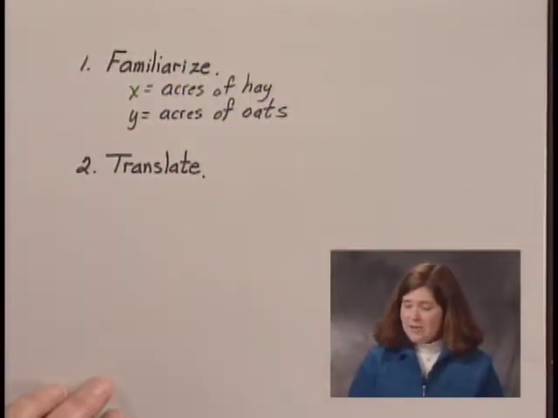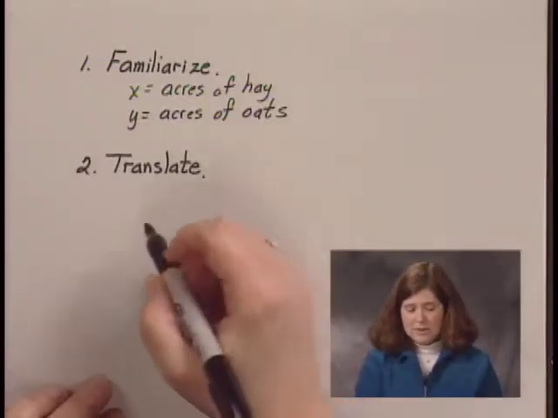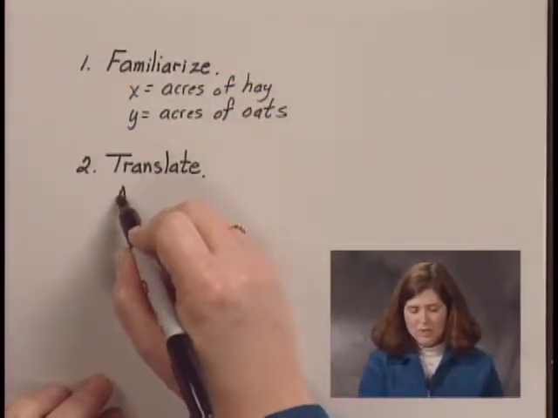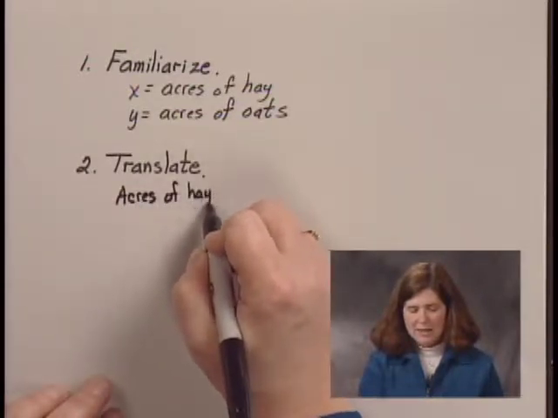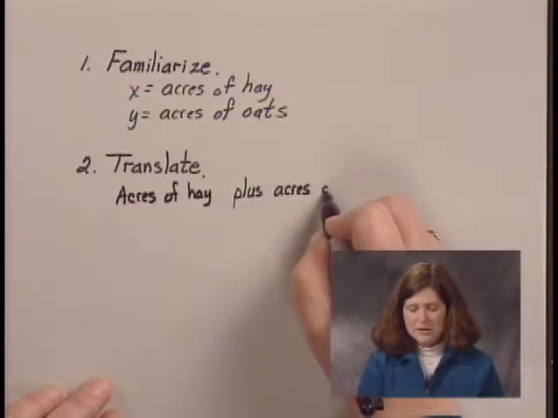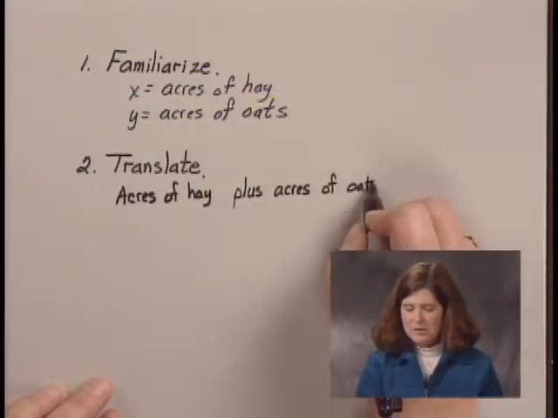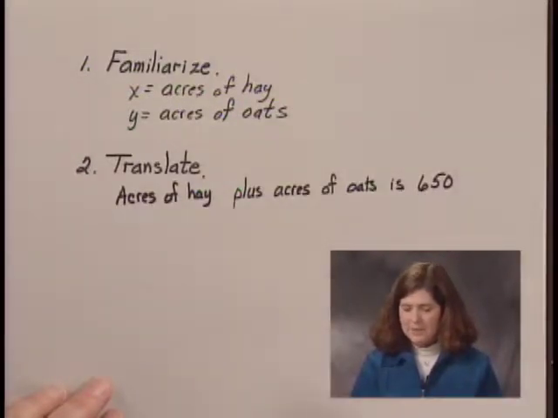First of all, it was stated that the total acreage was 650 acres. We could reword that a little bit: the acres of hay plus the acres of oats is 650 acres.